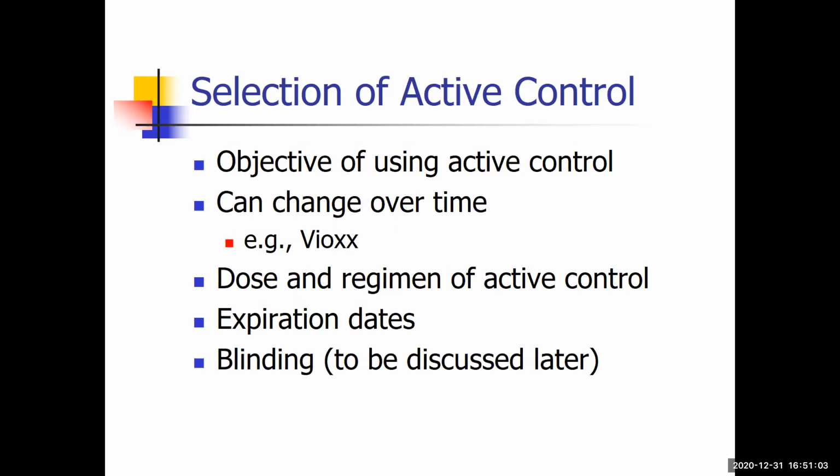The biggest problem here is the expiration date, because if you buy the drug from the original company, you usually have 18 months or 24 months shelf life. But if you go to a pharmacy, you only get 3 months shelf life. So we have to do a lot of resupply. It's a lot of operational headache.